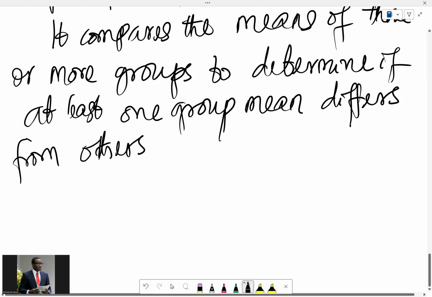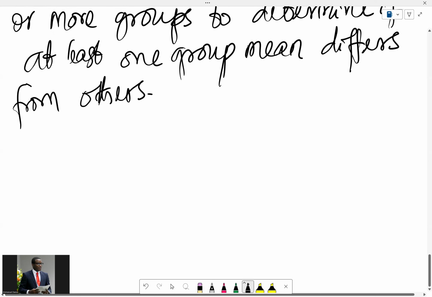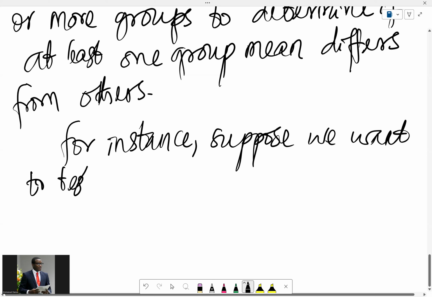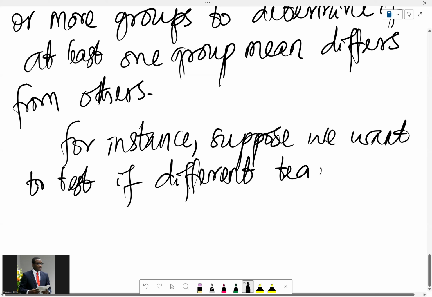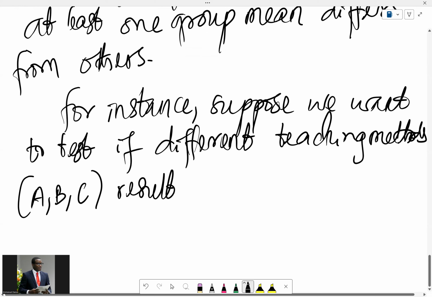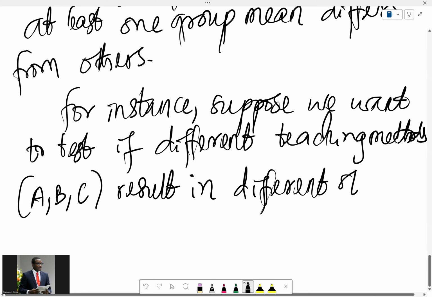For instance, suppose we want to test if different teaching methods A, B, C result in different student performance levels.